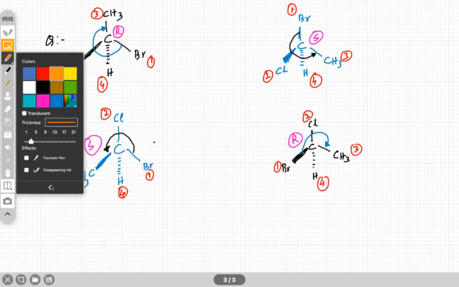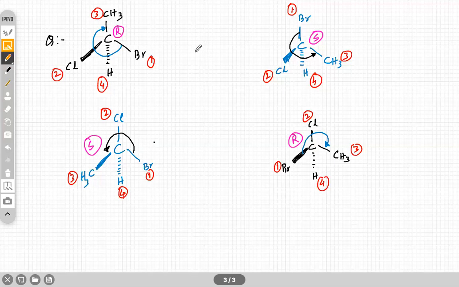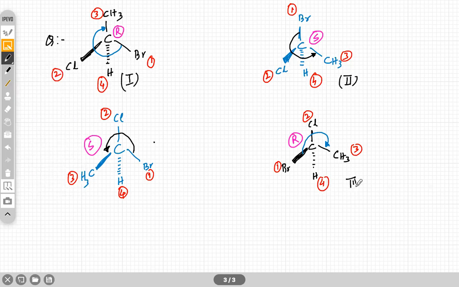Now, if I ask you one thing, suppose I number this as the first one, this is second, this is third, and this is the fourth molecule we have.